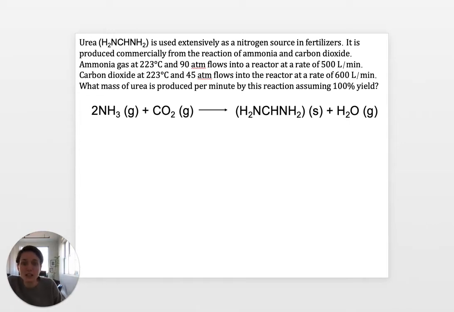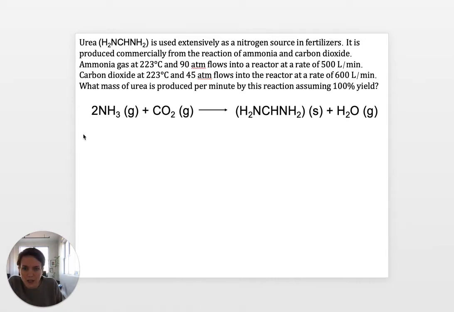So let's break it down like we've done in other problems, where we have our ammonia and our carbon dioxide, and we're just going to define what variables we have, trying to pull out these numbers from the word problem and start to build greater context in how they're going to be relating to each other and how we're going to use them to solve our problem.